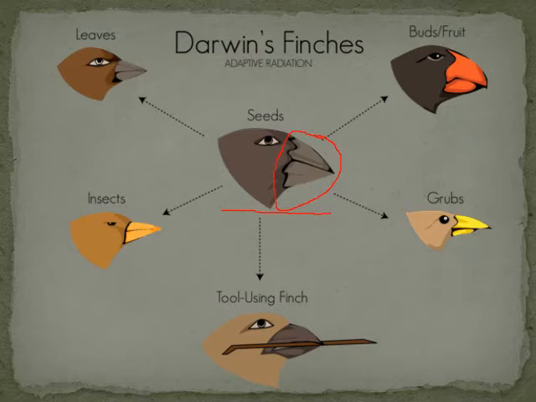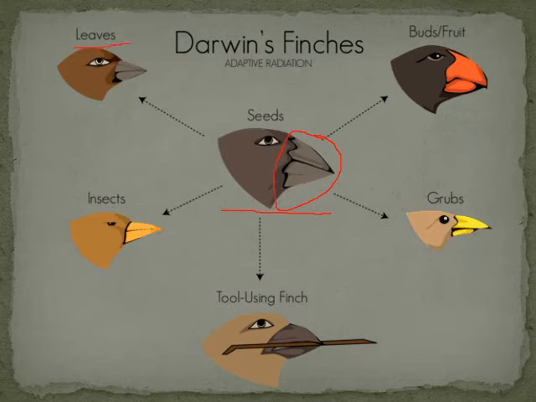When the finches were blown onto, the theory is that they were blown onto nearby islands via a storm, they then created little pockets of diversity. And those little pockets of diversity were based on effectively what they could find in their environment, so their geography.